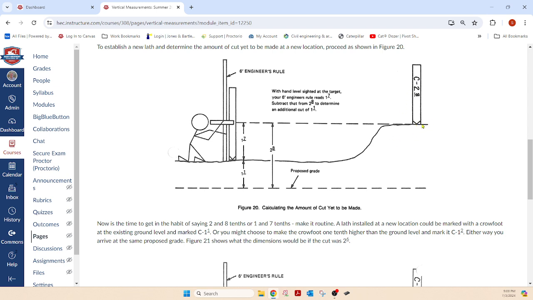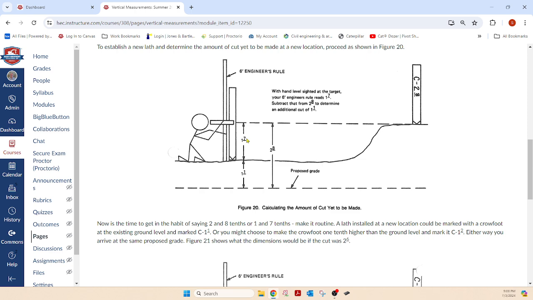And we know what this distance is right here because this tells us it's 2 and 8/10 below the crow's foot to the proposed grade, right? 2 and 8/10, and they have it measured out for you. Now, this is telling me that on his engineer's rule, he reads 1 and 7/10, right?